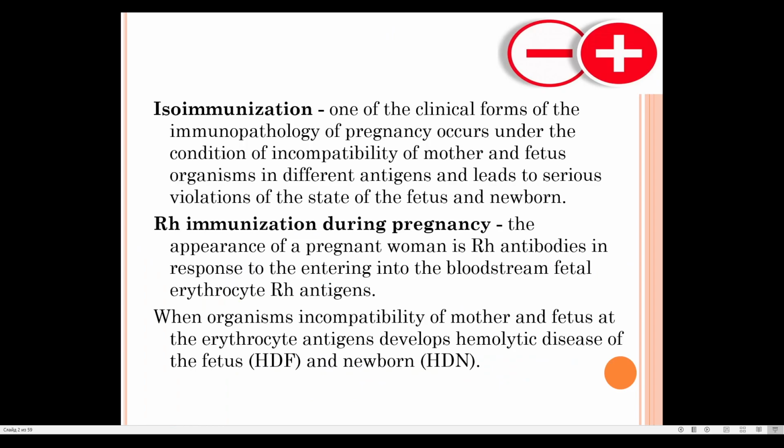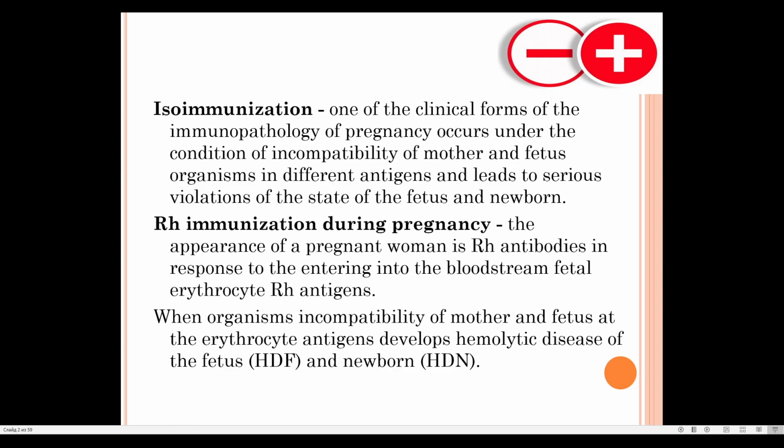Isoimmunization is one of the clinical forms of the immune pathology of pregnancy. It occurs under the condition of incompatibility of mother and fetus organisms in different antigens and leads to serious violations of the state of the fetus and newborn infant.